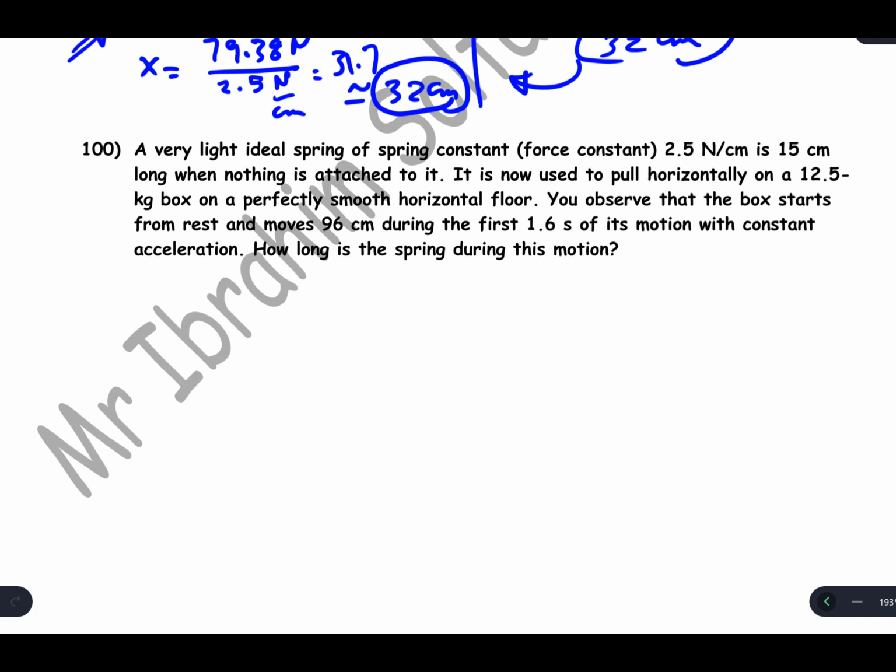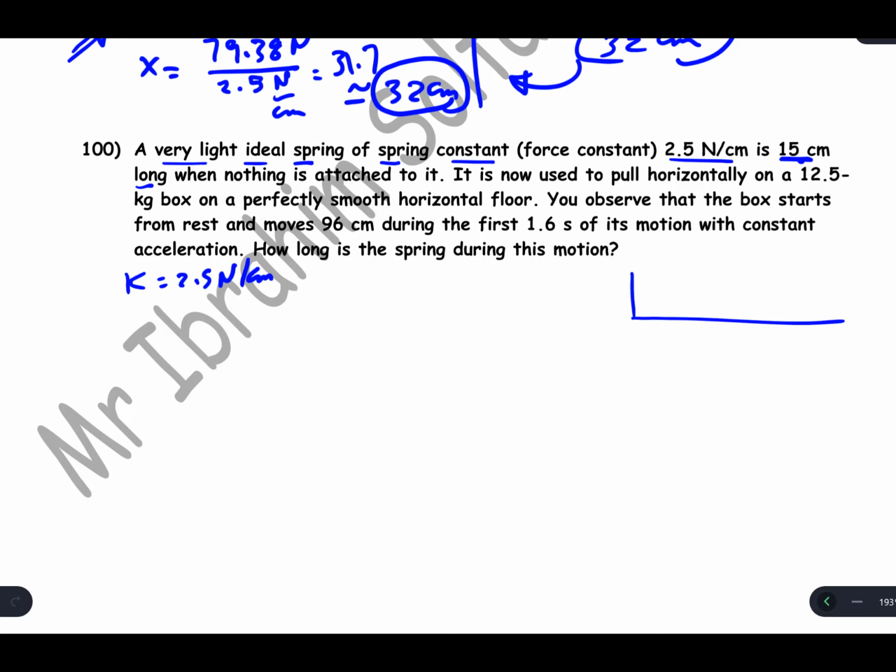Let's go to the last problem in this chapter. A very light ideal spring of spring constant, he gives you spring constant k equals 2.5 Newton per centimeter, is 15 centimeters long.